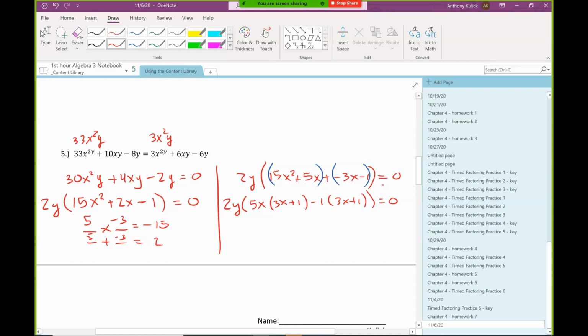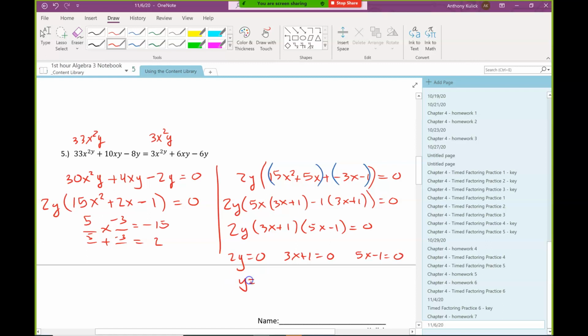And I notice each of those have a 3x plus 1 in common. So when I factor that out, I get here. So far, so good. And now we can apply the zero product property. So I can take 2y and set it equal to 0, 3x plus 1 and set it equal to 0, and 5x minus 1 set it equal to 0.